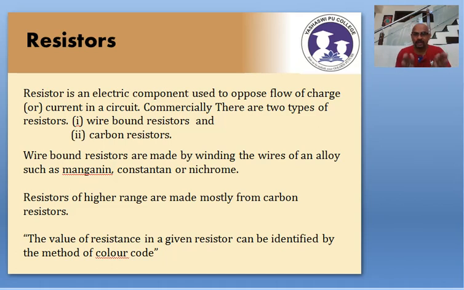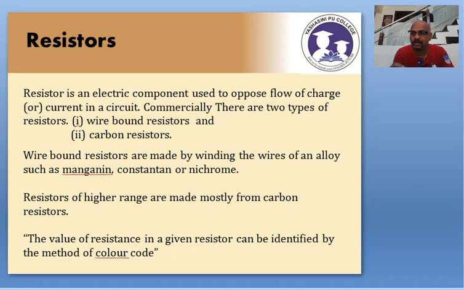So in this slide, only two things you have to learn. A resistor is an electrical component, a device used to oppose the flow of charge, flow of current. Two types: wire bound resistors and carbon resistors.